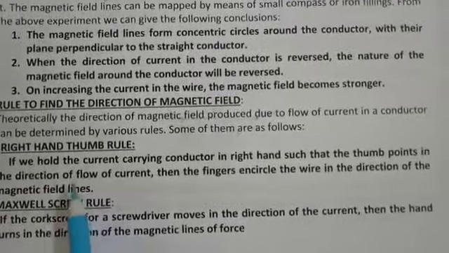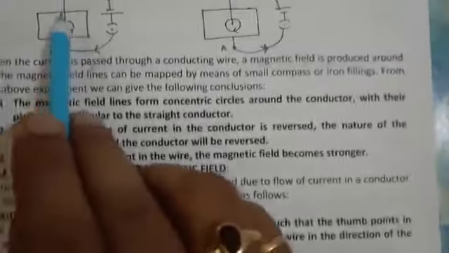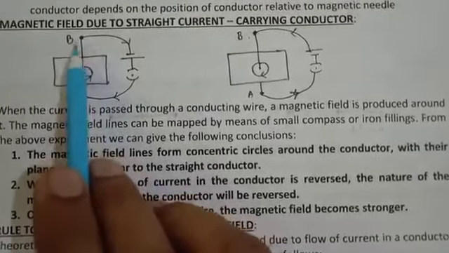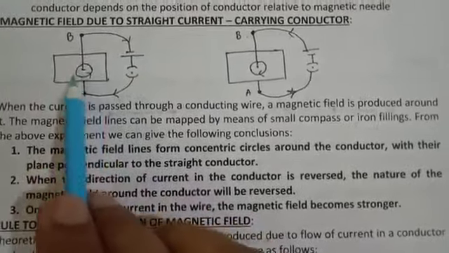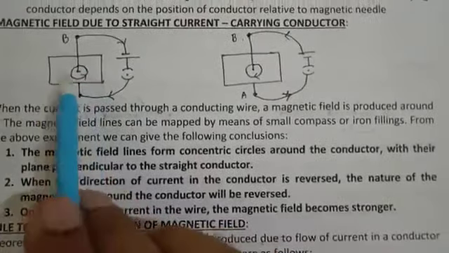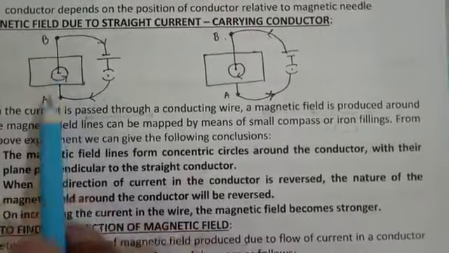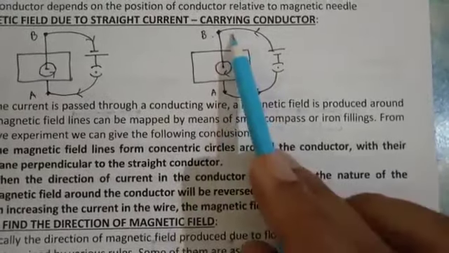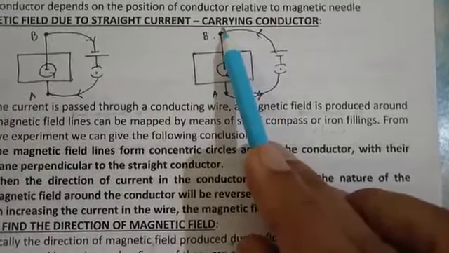So if we put the right hand thumb in the direction of the current in the conductor, then the remaining fingers will show me the direction of the magnetic field around it. And here, the current is coming from top to down. So we put the thumb in the direction of top to down.